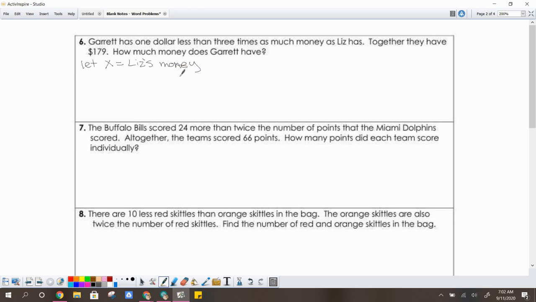Okay, and then it says Garrett has $1 less than 3 times what Liz has. So we're doing 3 times Liz and then $1 less than that. And that's going to be Garrett's money.